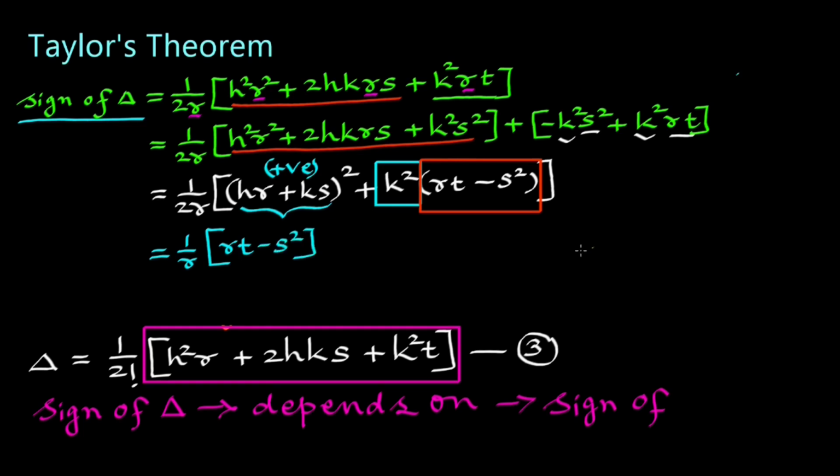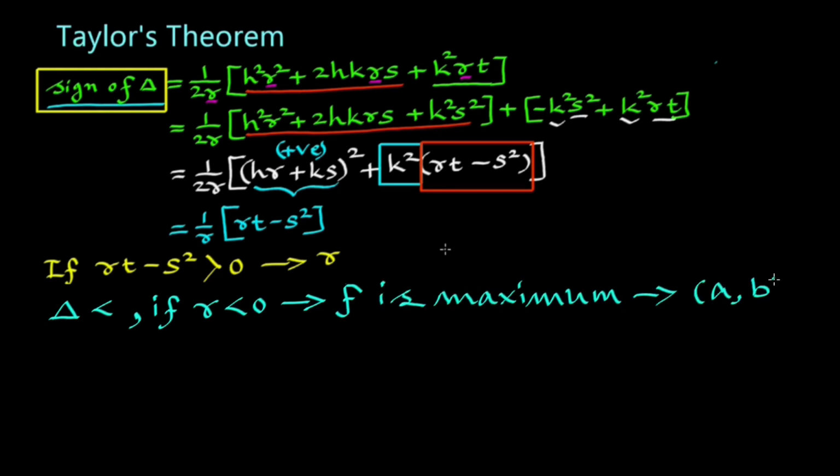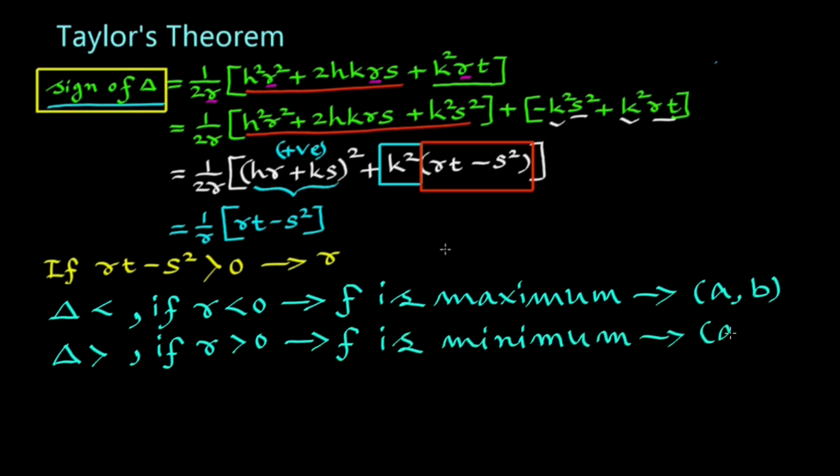So now if rt minus s square is positive, then the only quantity which is going to affect sign of delta is r. Delta is negative if r is negative, which means function f is maximum at stationary point (a,b), and delta is positive if r is positive, which means function f is minimum at stationary point (a,b).